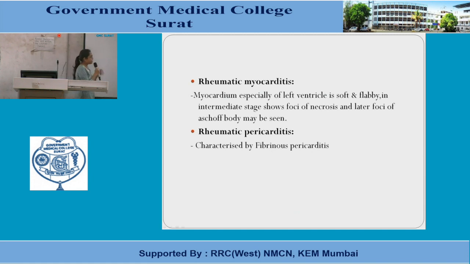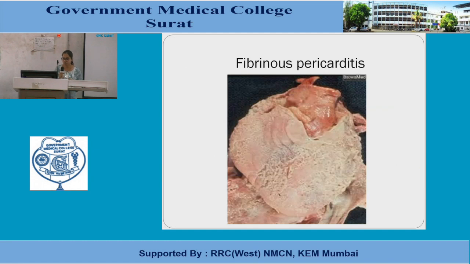Rheumatic pericarditis is characterized by fibrinous pericarditis. So what is fibrinous pericarditis? Here you can easily see there is loss of the shiny surface of the pericardium due to the deposition of fibrin and fibrinous exudate on the surface of the pericardium.